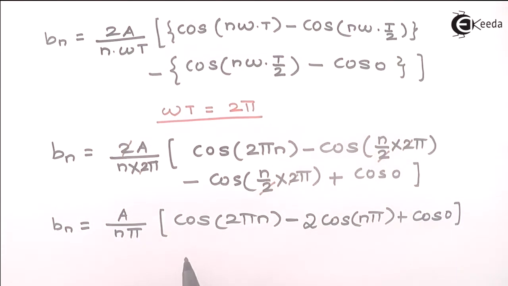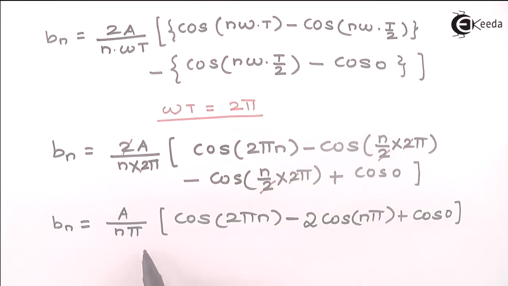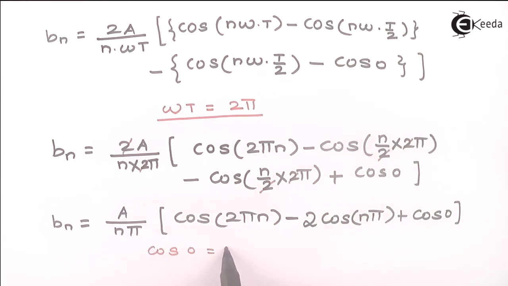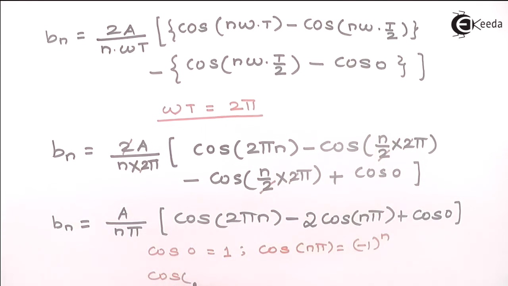So from trigonometry we know cos 0 is 1, cos n pi is minus 1 raised to n, and cos 2 pi n is 1. So let's substitute this.